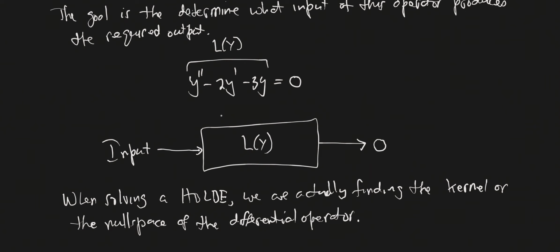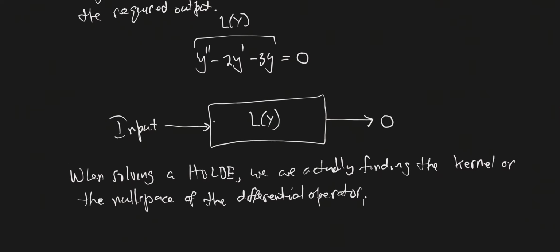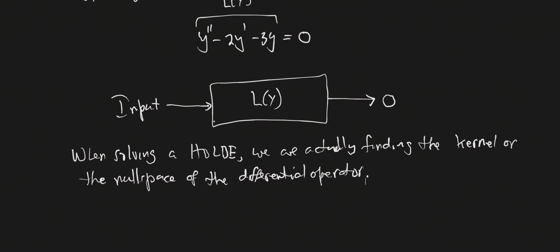In fact, for this one, you can verify, you can go through, set up the auxiliary equation or the characteristic equation, find the roots, and determine which of your three cases. But I'll just note the kernel in this case is a set of all functions of this form.